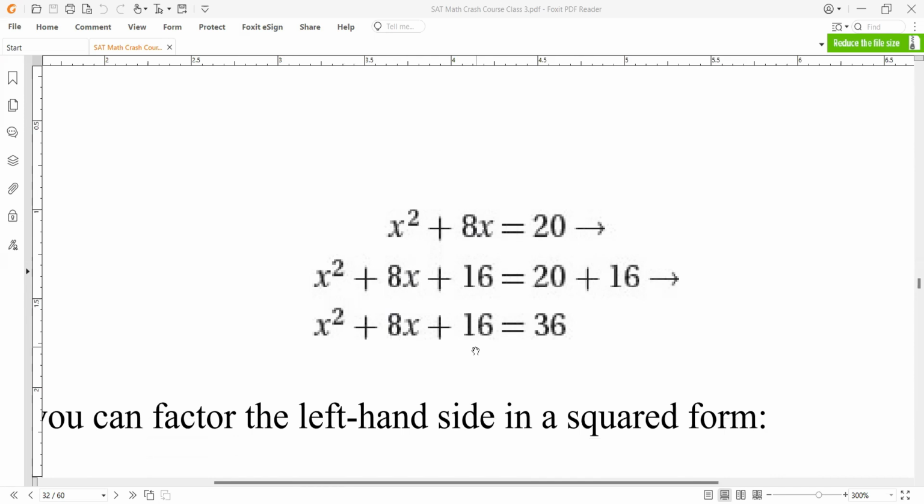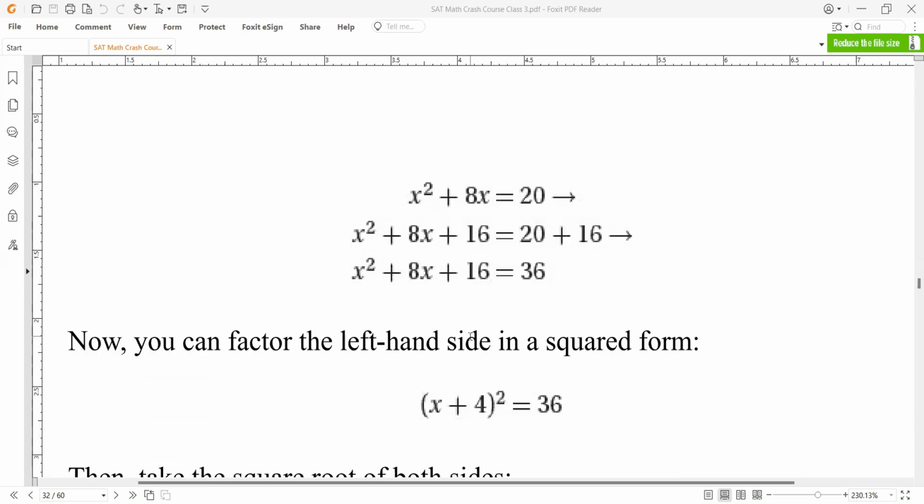You got me, right? But where is the 16 coming from? We are just adding 16 in order to apply the rules of a plus b whole squared.